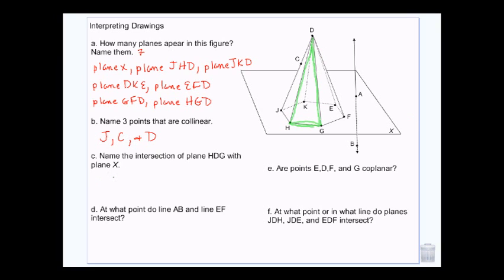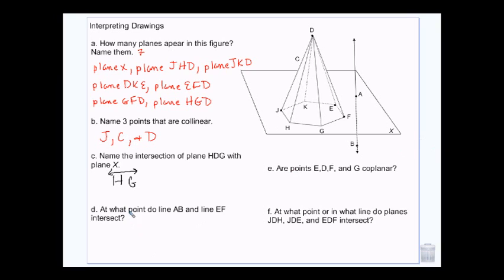Oops, pen, not highlighter. And the intersection of a plane and another plane is going to be a line, so we're going to call that line HG. It wouldn't be HD because the HD is going up, right? So it's only H and G where it's intersecting the floor. D is out in space.